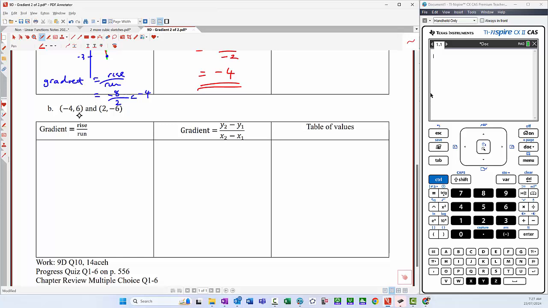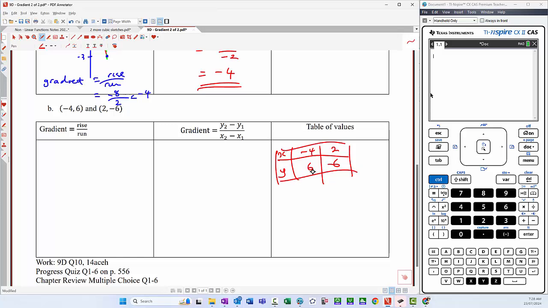So this one here, we've got 2 points, -4, 6, and 2, -6. So let's try and use table of values. We've got x, y, and we've got -4, 6, and 2, -6.